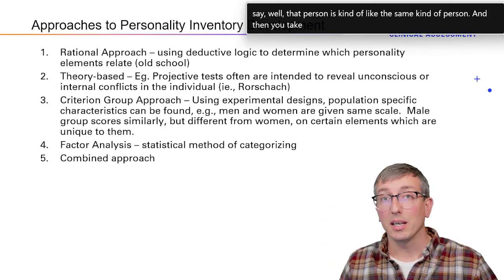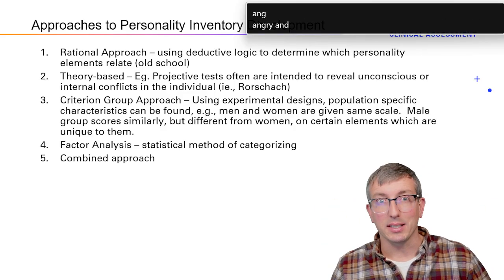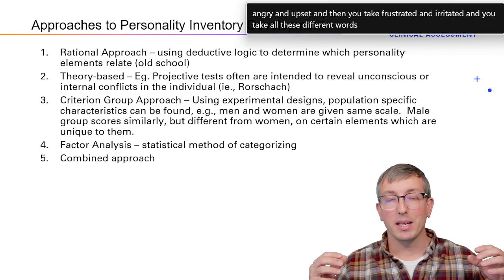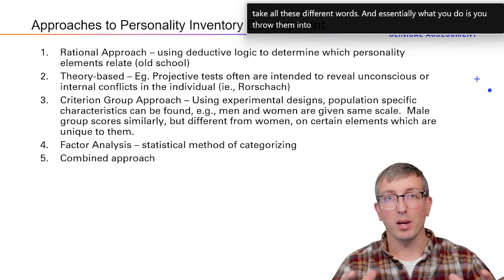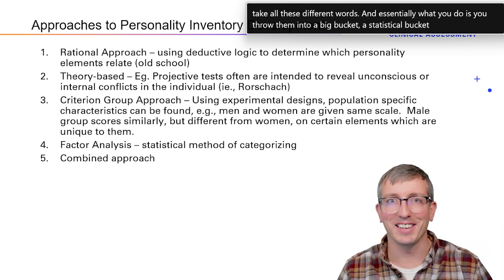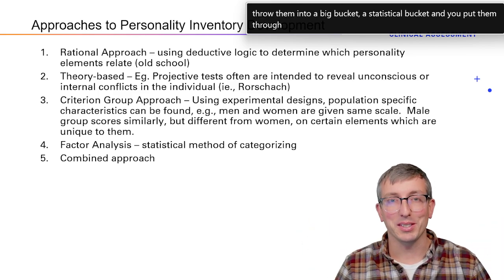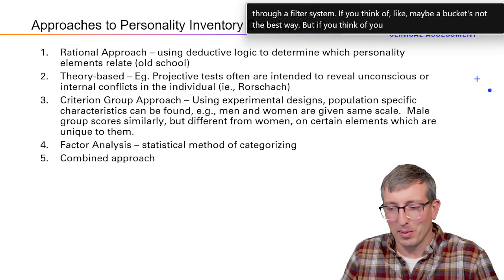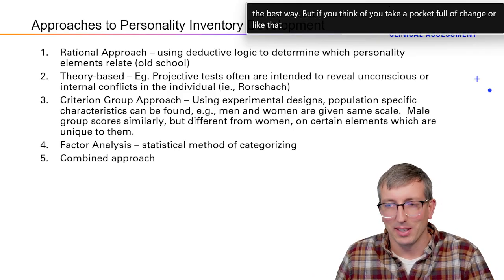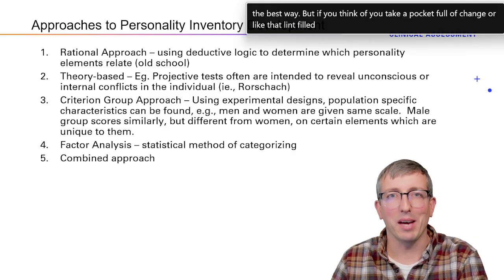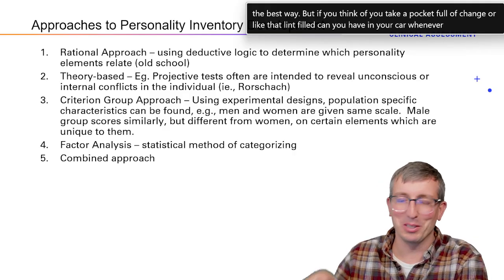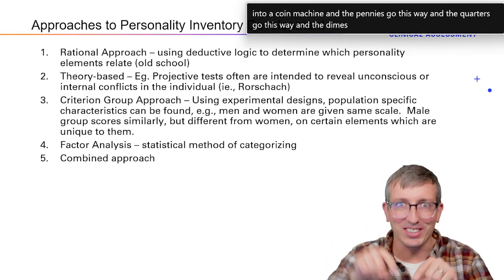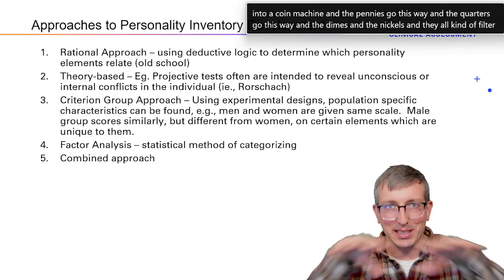And then you take angry and upset, and then you take frustrated and irritated, and you take all these different words, and essentially what you do is you throw them into a big bucket, a statistical bucket, and you put them through a filter system. Maybe a bucket's not the best way, but think of taking a pocket full of change, or that lint-filled can you have in your car, and you dump it into a coin machine, and the pennies go this way and the quarters go this way and the dimes and the nickels, and they all kind of filter out and separate.